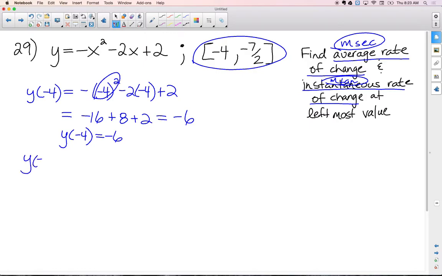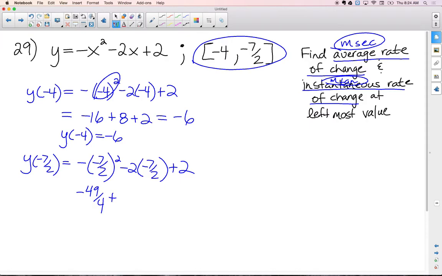And then we go y of -7/2 is the opposite of -7/2 squared minus 2 times -7/2 plus 2. So that's going to be -49/4, plus 7 plus 2.